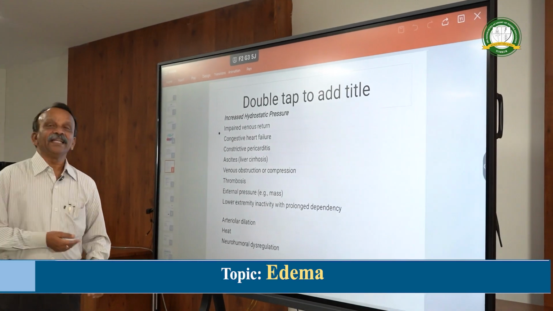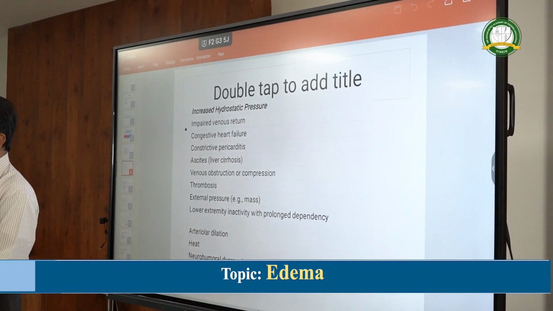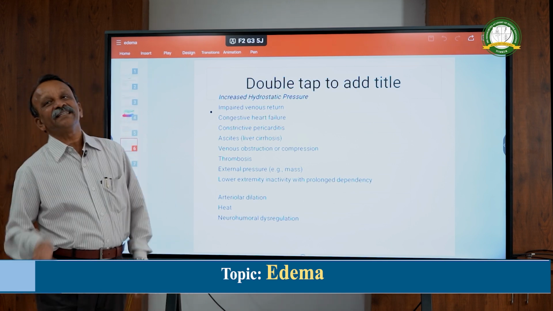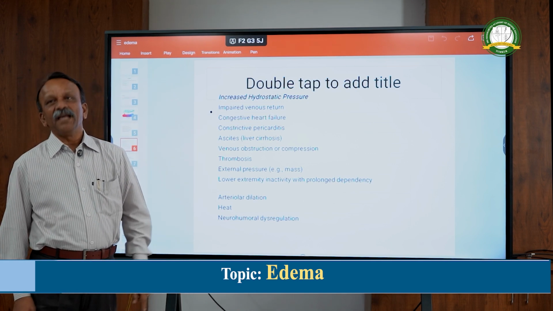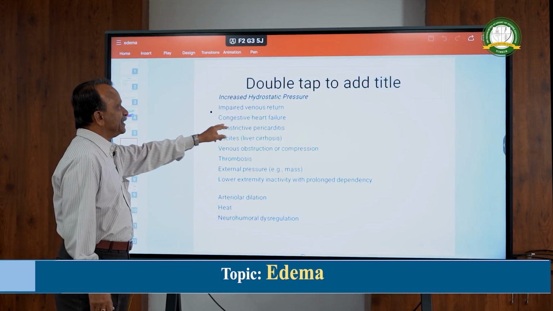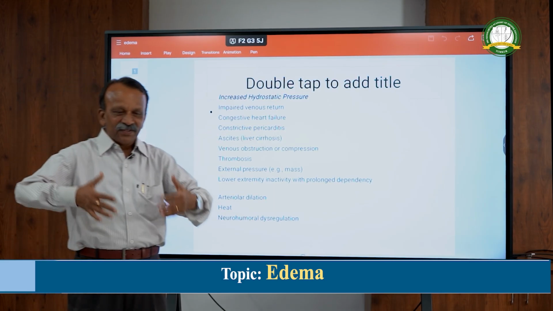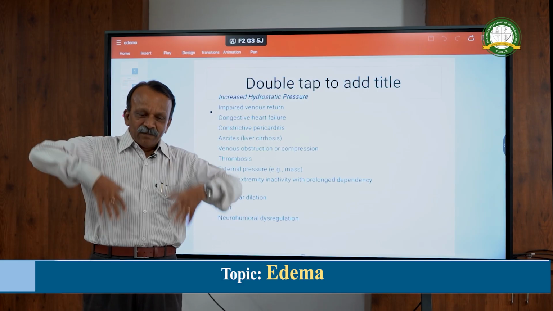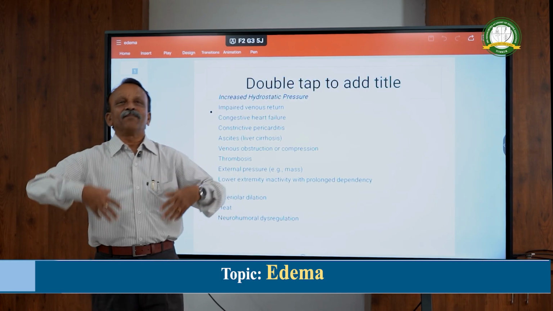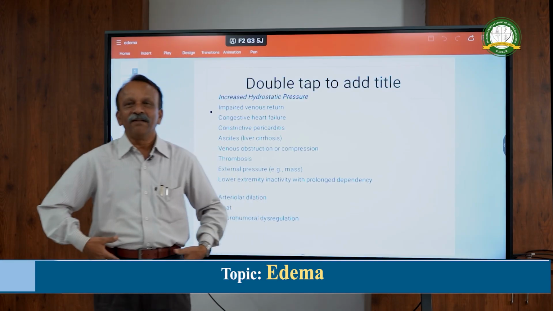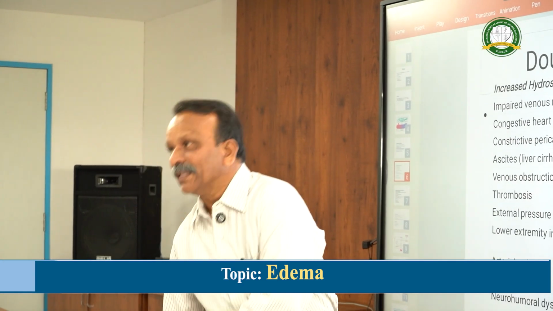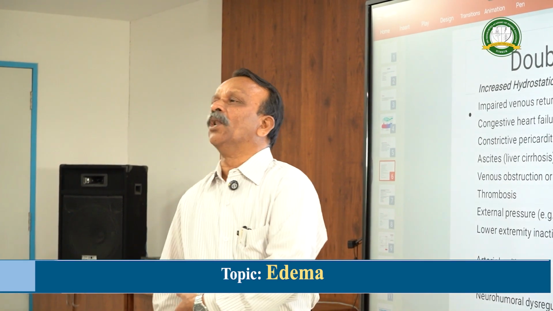Now coming to the increase in the hydrostatic pressure. What are all the causes for an increase in the hydrostatic pressure? Number one, impaired venous return. As we see in cases of pregnancy, because of the pregnant uterus, there will be pressure over the pelvic veins. This causes retention of blood in the lower limbs.